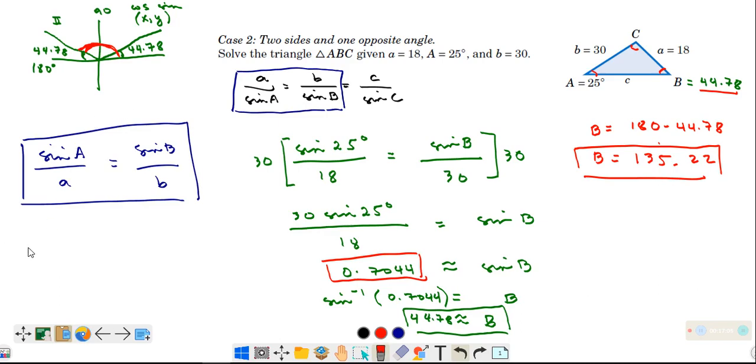Okay? So, sine theta is equal to sine 180 minus theta. Ito yung idea natin na yon. So, si sine B ay equal sa sine 180 minus B.